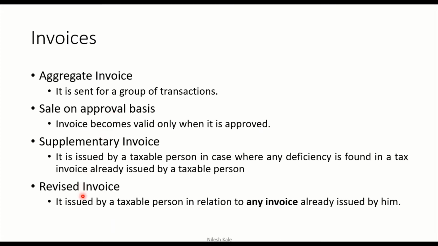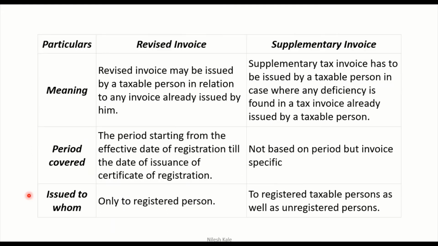And then revised invoice. It is issued by a taxable person in relation to any invoice that is already issued by him. So if there is any mistake in the previous invoice, they can issue the revised invoice, right? Now there is a difference between revised invoice and supplementary invoice.